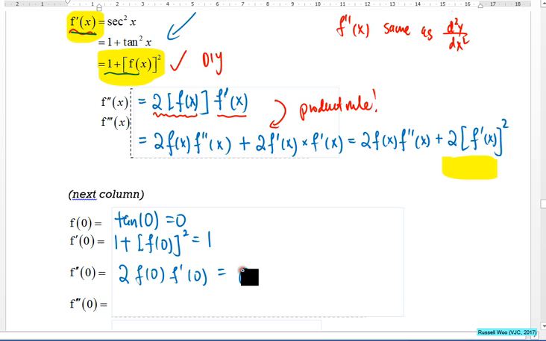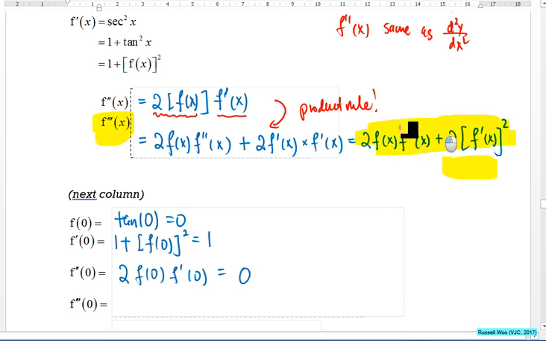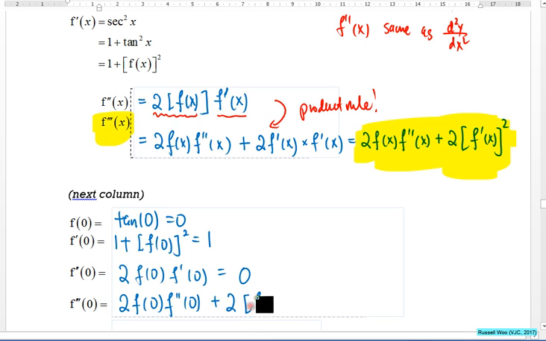In the end, you get 0. And lastly, you substitute into this one. You get 2f(0)f''(0) plus 2[f'(0)] squared.